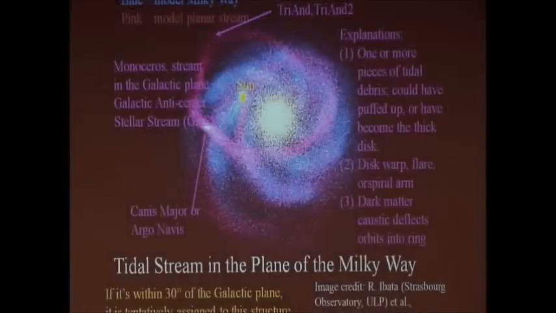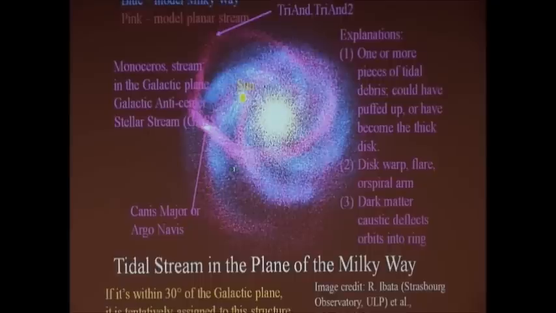That's what it is. Here's an artist's conception of the thing. Here's a galaxy, and here's one version, and this is clearly a tidal stream. There is a claim that there's a dwarf galaxy in the plane of the Milky Way over here in Canis Major, right next to Monoceros, that was thought to be possibly the progenitor of this tidal stream.